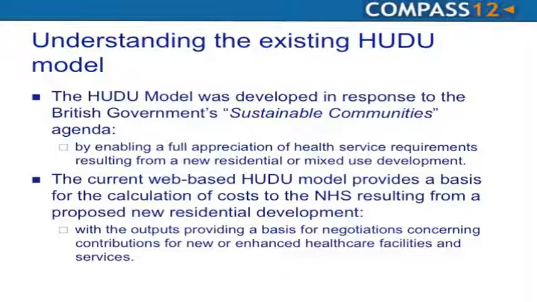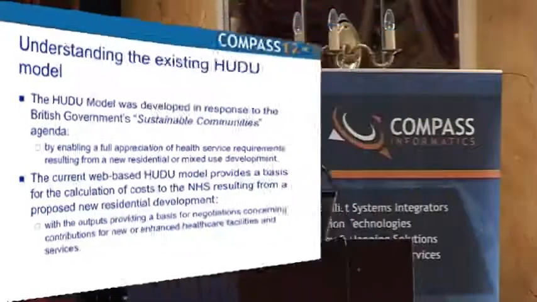With the model, what you're looking at is obviously population, but that is translated into housing, and then it's translated into health informatics. So looking at the actual model, the new model is based on the existing structure. So how the model works is the existing model and the new strand of the model. How this works is that you as a developer put in a new development for 100 units, 100 housing units. What this model is able to calculate is the population gain factor.